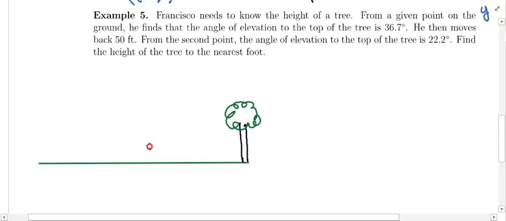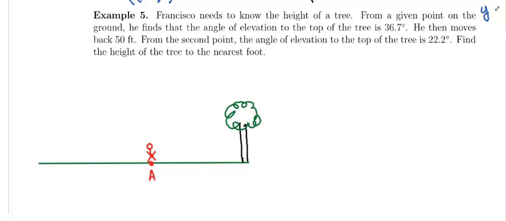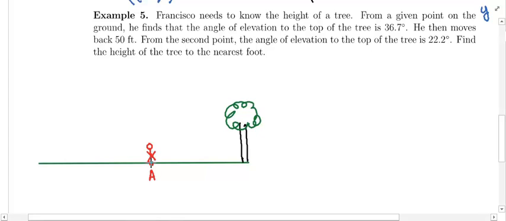So here's Francisco. What we're told is, from a given point on the ground, let's call this point A, he finds that the angle of elevation to the top of the tree is 36.7 degrees. So I'm going to draw from the point on the ground here to the top of the tree.